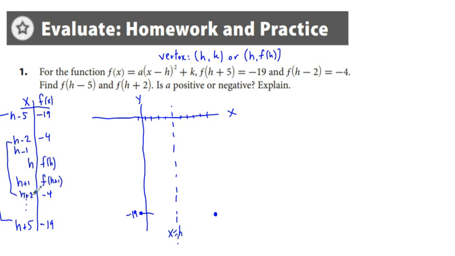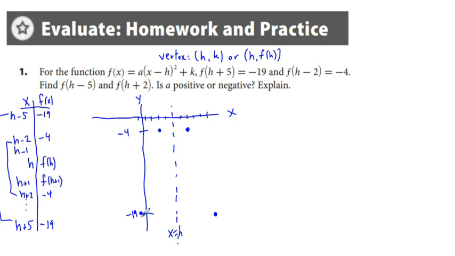Now we go to f of h minus 2. So we go 2 to the left, and we have negative 4. And we have 2 to the right, we're also going to have f of h plus 2 is negative 4.